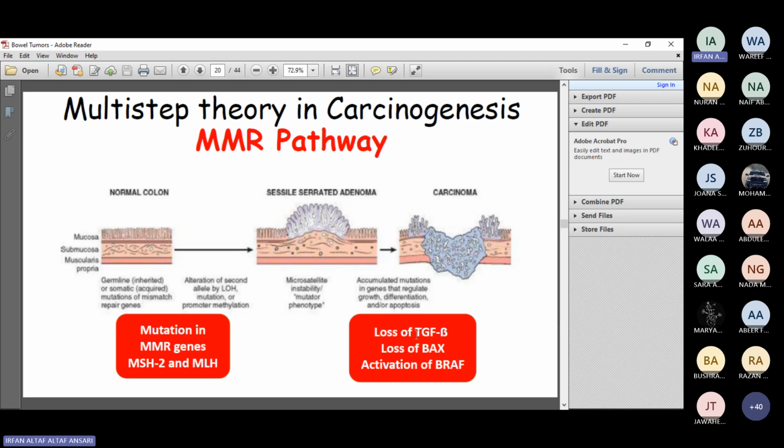BAX is an apoptosis gene, and TGF beta is a growth factor. This will lead to development of the carcinoma. Here also it is normal colon, adenoma, carcinoma. This is the mismatch repair gene or microsatellite instability pathway.